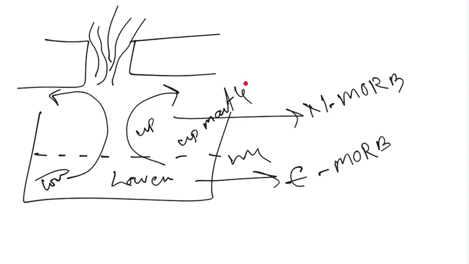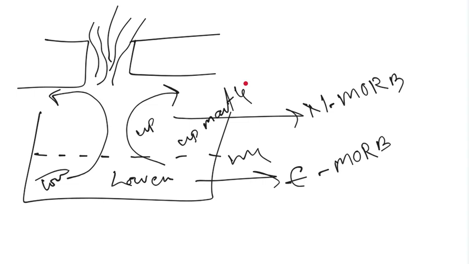Yes, the lower mantle, because the lower mantle is a primitive material, but the upper mantle is highly fractionated from the origin of Earth. Upper mantle is continuously undergoing fractionation. That's why the upper mantle is totally depleted in the REEs or LILEs, HFSEs, these elements. But the lower mantle is highly enriched in these elements.